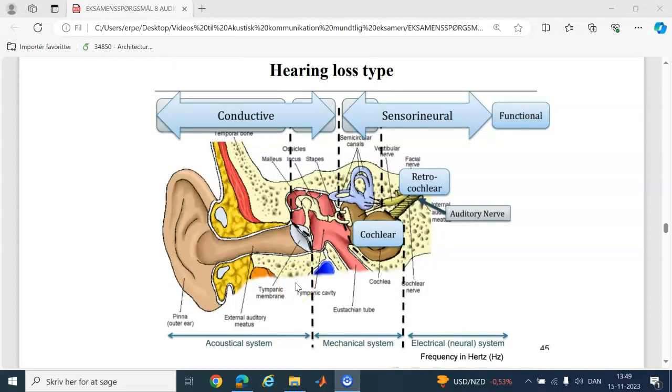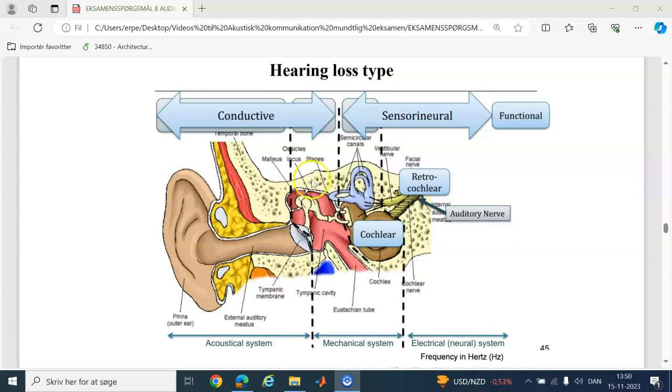We have two types of hearing loss. Conductive is from the outer ear and middle ear. Then we have sensorineural, which is from the inner ear, the cochlea, and also the auditory nervous system.